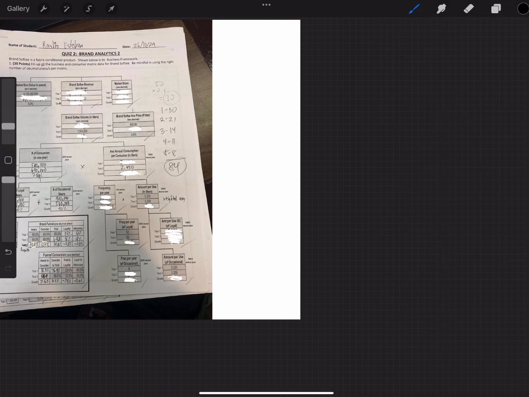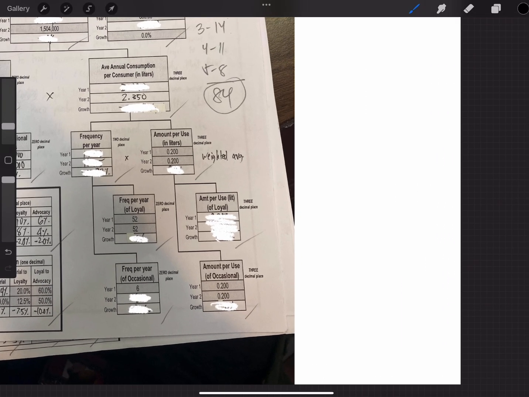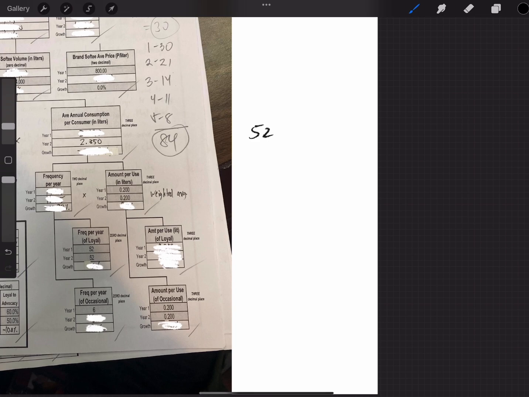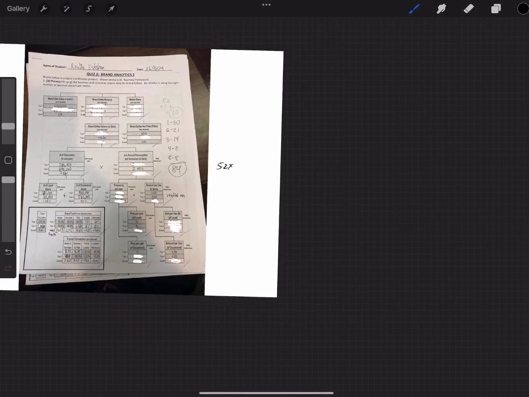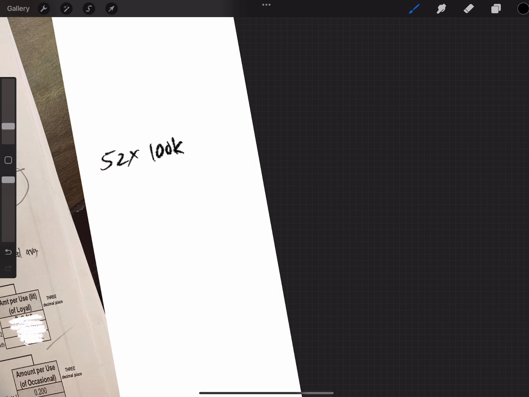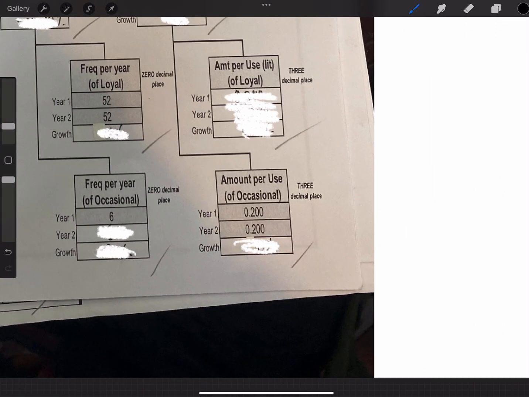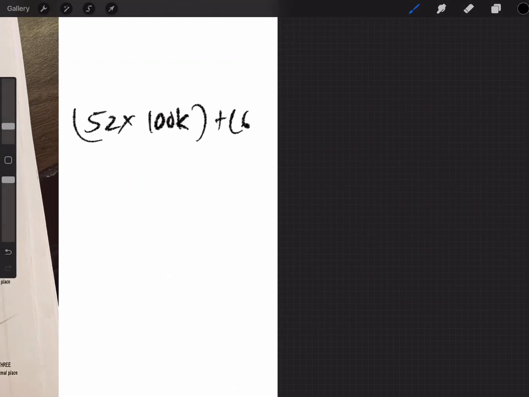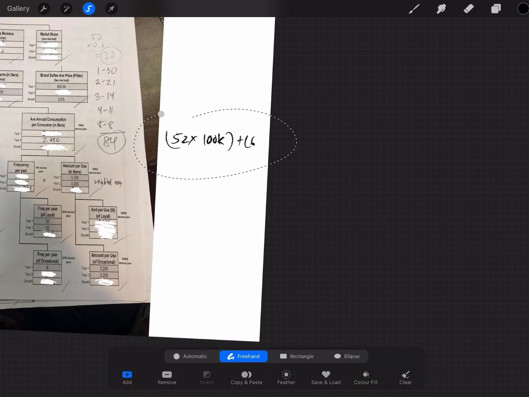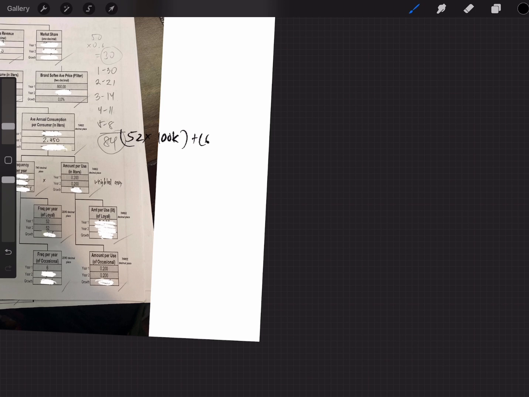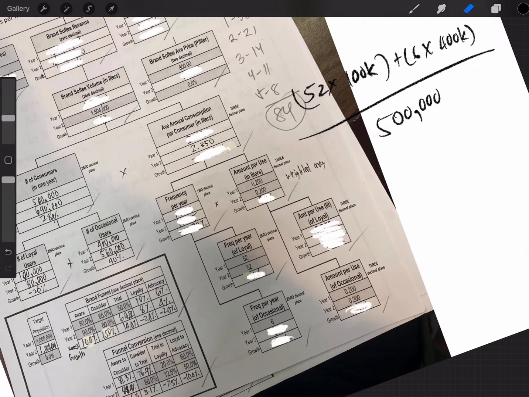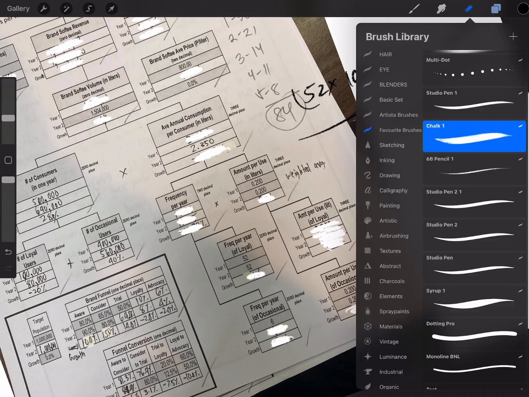It says frequency per year of loyal users is 52, so 52 times the number of loyal users in year 1, which is about 100,000, plus 6, the frequency of occasional users, times the number of occasional users, which would be 400,000 in this case, all divided by 500,000. That should give us about 15, if I'm not mistaken, 15.2. There we go.